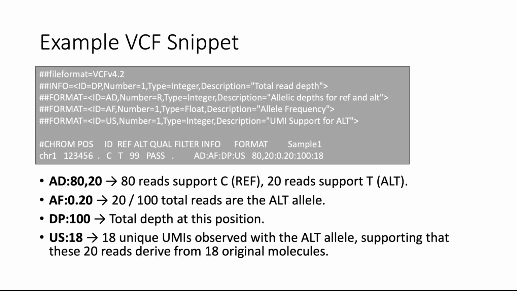For example, in our resulting VCF files, it could look like this, and we have a number of reads supporting this variant, the total depth in this position, and the number of unique UMIs observed with the alternate allele, supporting that there are, for example, 20 reads derived from 18 original molecules here.